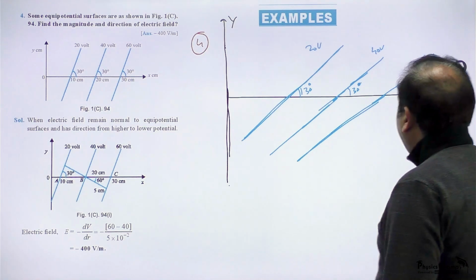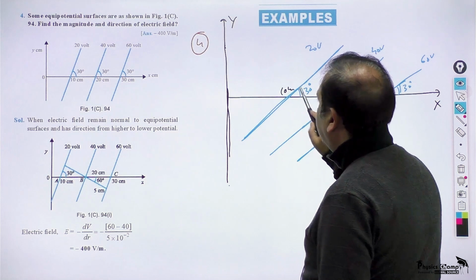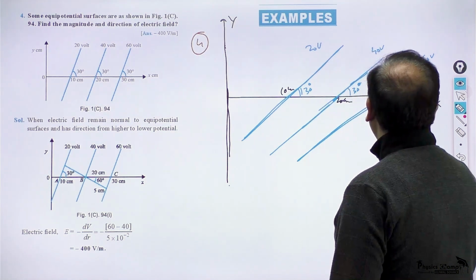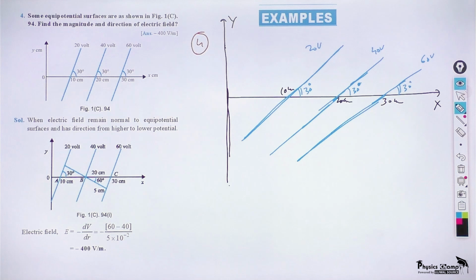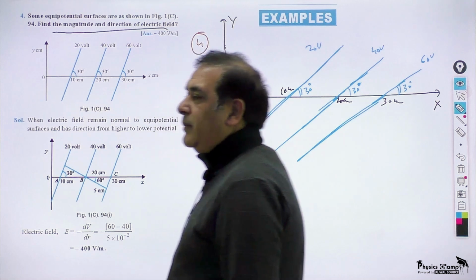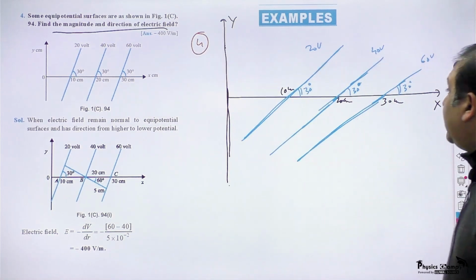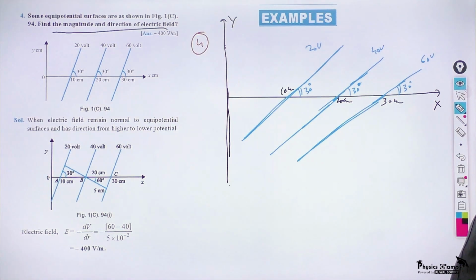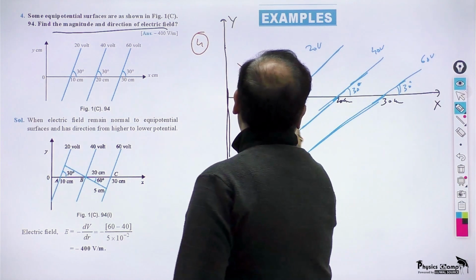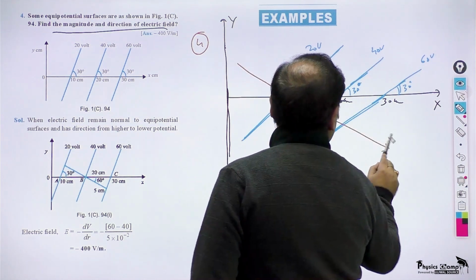The value of x, this is 10 centimeter, this is 20 centimeter and this is 30 centimeter like that. Find the magnitude and direction of electric field. Because they are equipotential surfaces, electric field will obviously be normal to them. Here is the electric field.